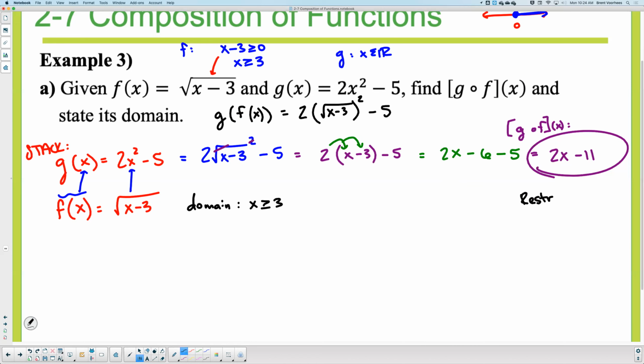Even though the function 2x minus 11 itself would be all reals, we have a restricted domain, meaning the domain is limited. What is the domain limited to? X is greater than or equal to 3, or you could write it this way, 3 comma infinity. I'll write it both ways. So our domain has been restricted.